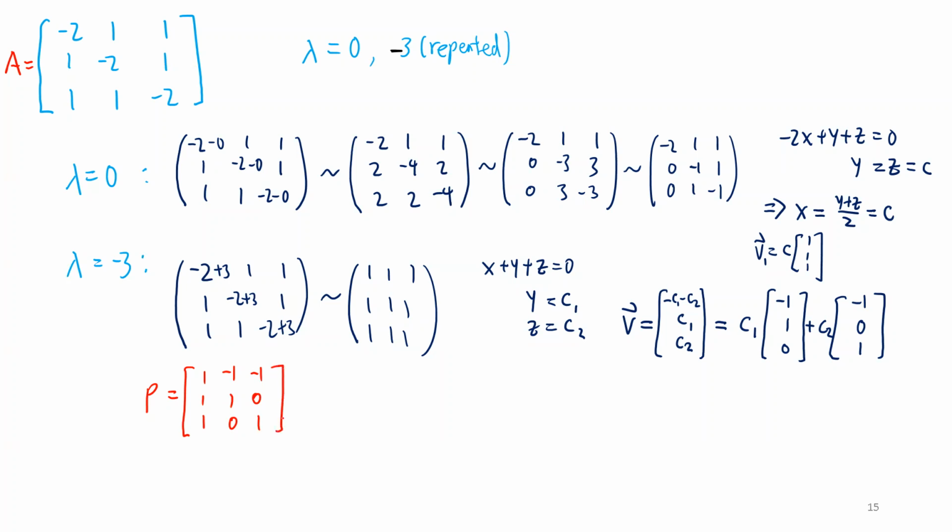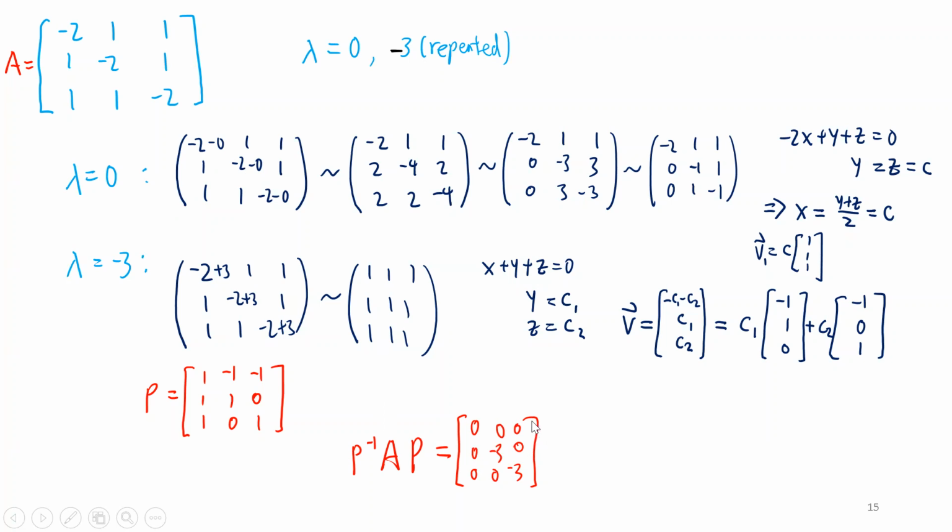If I construct P like this, then P inverse A P would be the diagonal matrix given by 0, minus 3, minus 3. So there's no problem with this one. We diagonalize it. However, this is not the orthogonal diagonalization yet.